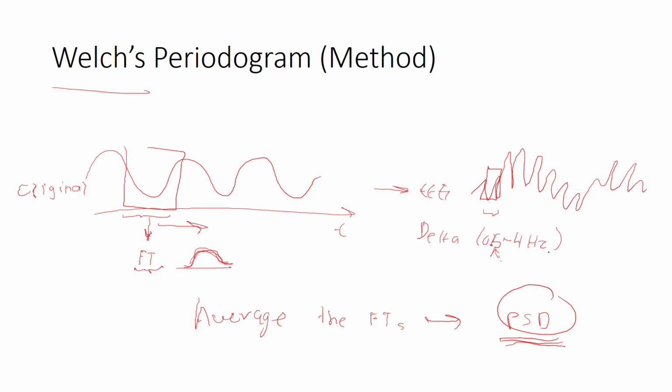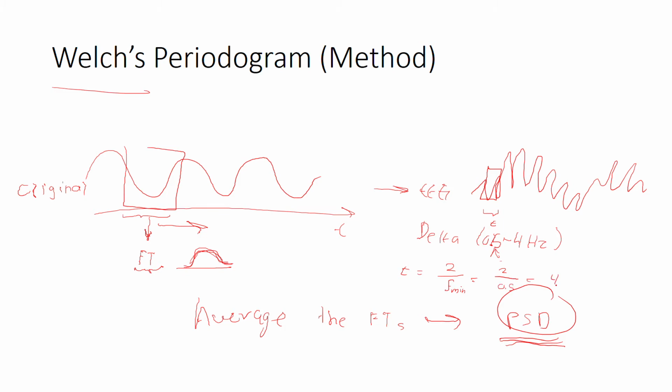So how do we determine the window size? Well, as I told you before, you choose at least 2 full cycles of the lowest frequency of interest. So the duration T will equal 2 divided by the minimum frequency, which is 2 divided by 0.5.